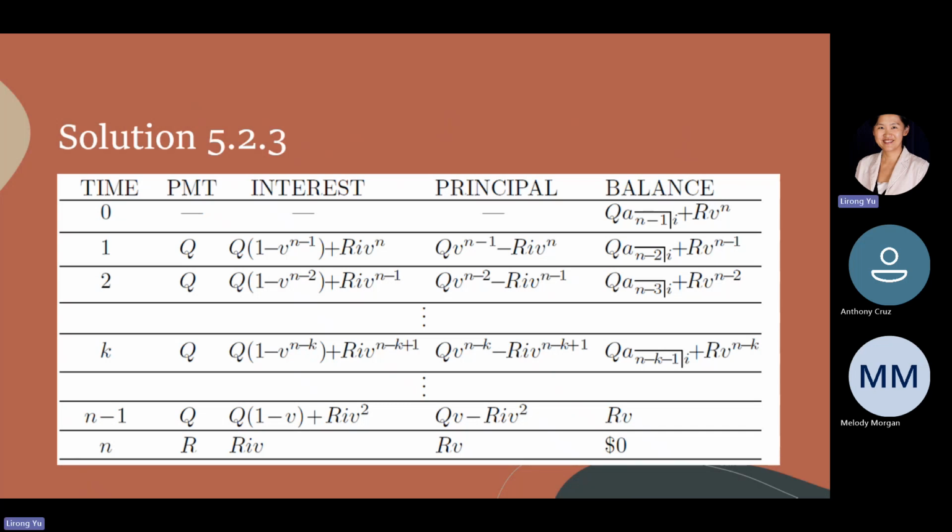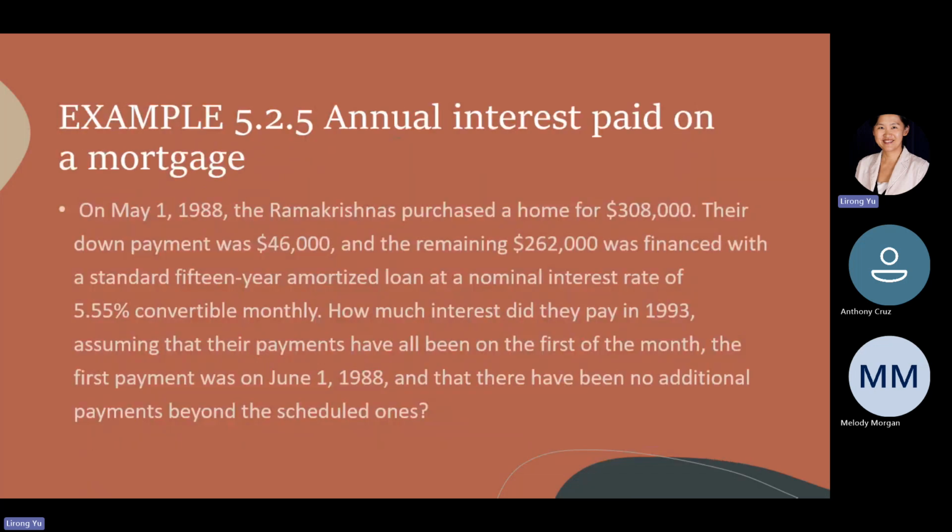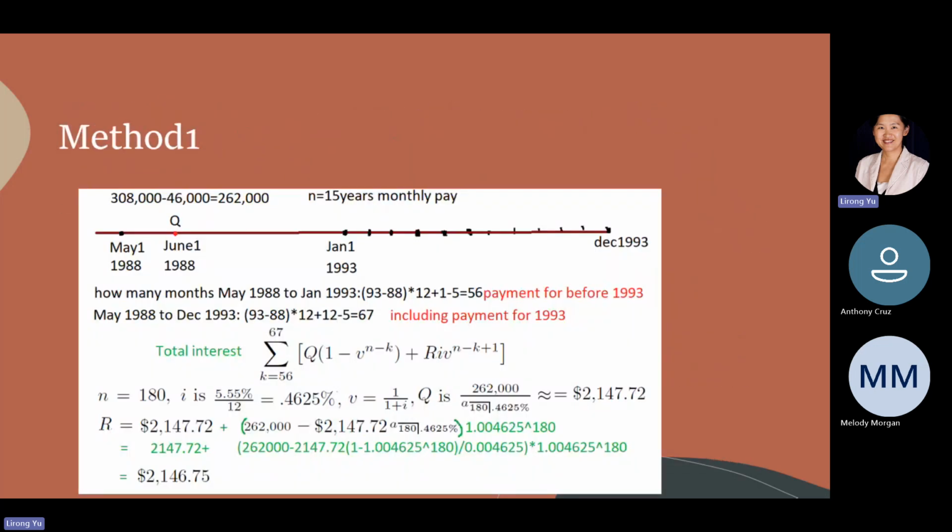We're using the interest column as the foundation of calculation. So we have Q times 1 minus V to the N minus P power, and then R times I V to that power for the equation. This method relies heavily on our understanding of the amortization schedule. So if you are a little bit rusty on that, this method may not be the best one. But it gives you some starting point.